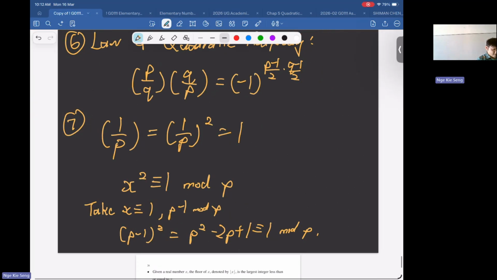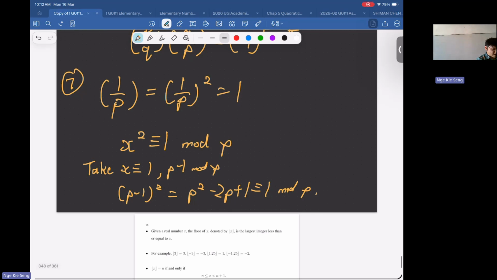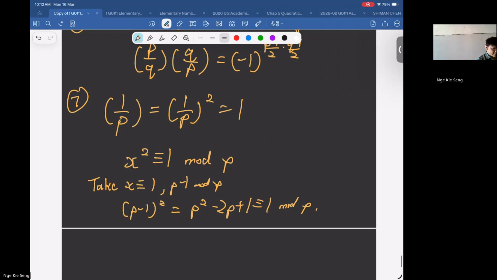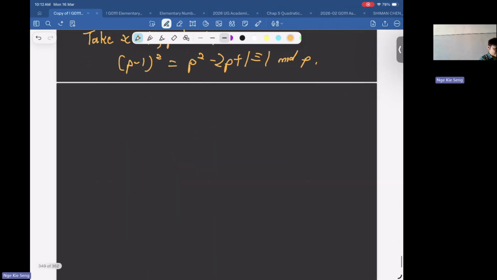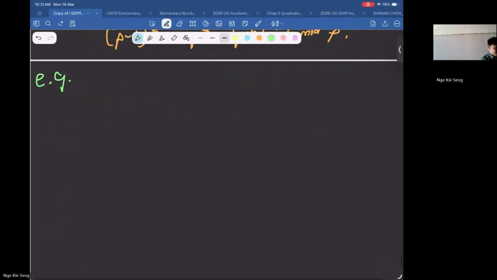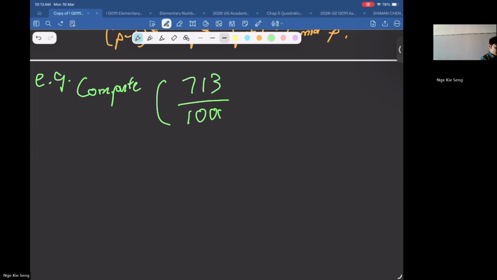To start, maybe do some warm up. How about trying this question? Try and compute this.